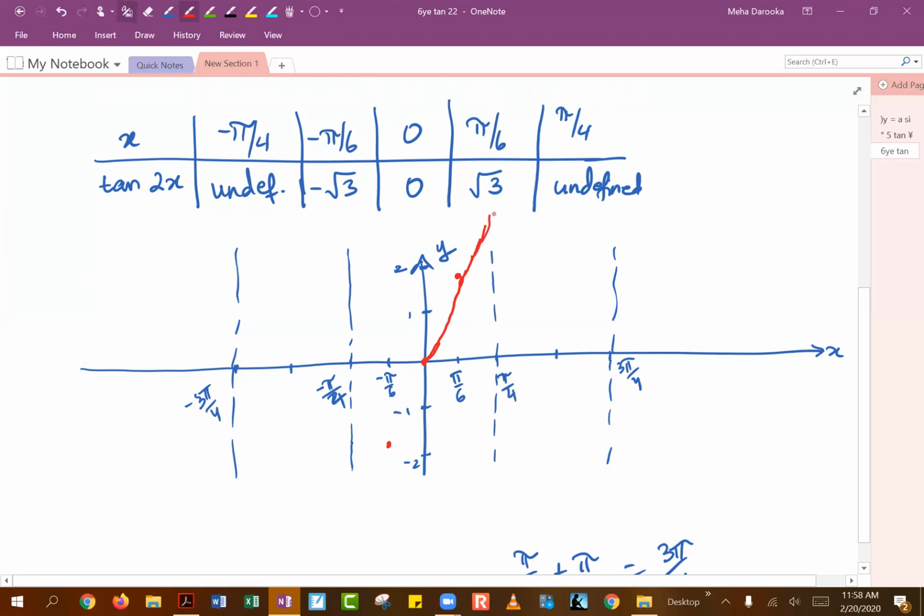It should be going somewhere like this, and something like this is what you should be seeing on your graph.